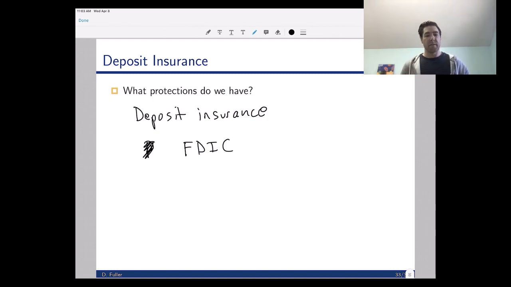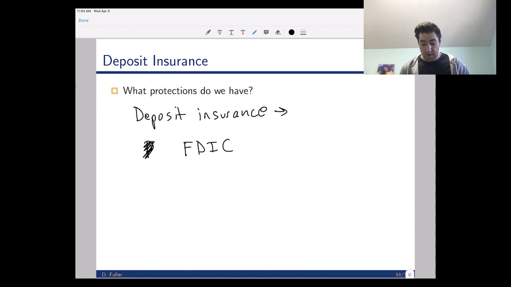This is an FDIC bank. What that stands for is Federal Deposit Insurance Corporation. That little emblem outside of the bank tells you that your deposits are backed by federal deposit insurance, which pretty much all banks are engaged in.